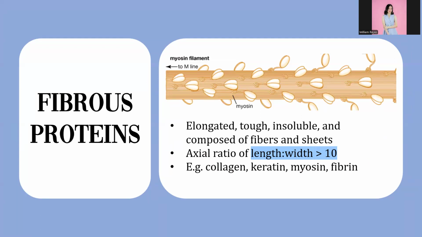Okay, it's longer more than it is wide. Examples are collagen and keratin fibers. Isipin nyo na lang kasi nasa hair siya. So, collagen and keratin, they're in your hair, they're fibrous proteins. Myosin as well that you find in your muscles, and fibrin, which you find in blood clots, are also fibrous proteins. So again, longer than they are wide, and they are insoluble.